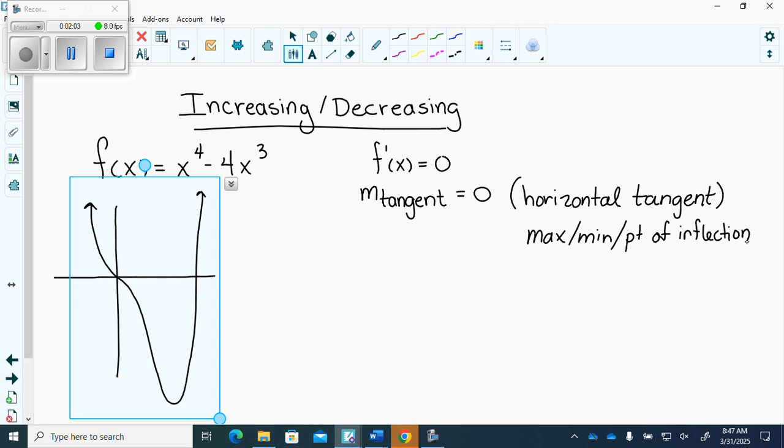So I am suspicious that I'm going to have how many critical numbers on this graph in the first derivative? 2. Because I have a point of inflection here and I have a minimum there, correct? So I'm suspecting that I'm going to end up with 2 critical numbers in the first derivative. Yes? So let's see if we can algebraically do that.